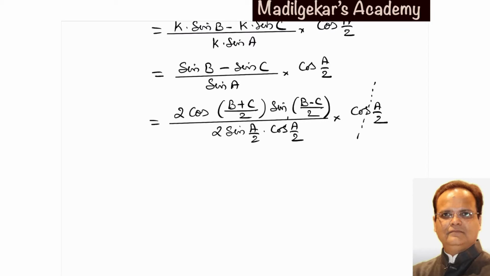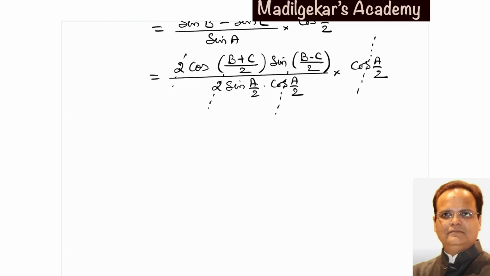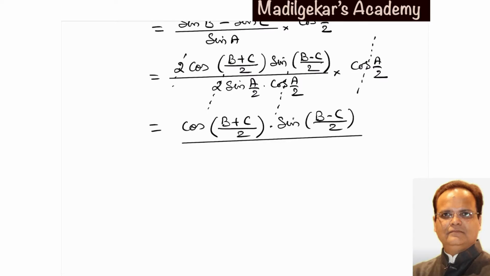Cos A by 2 can be cancelled. 2 can be cancelled. So we have cos of (B plus C) by 2 into sine of (B minus C) by 2 upon sine of A by 2.